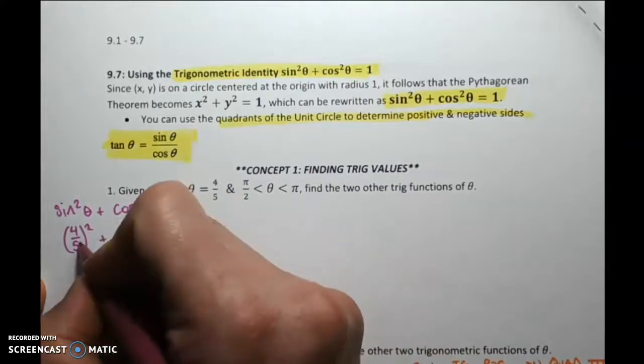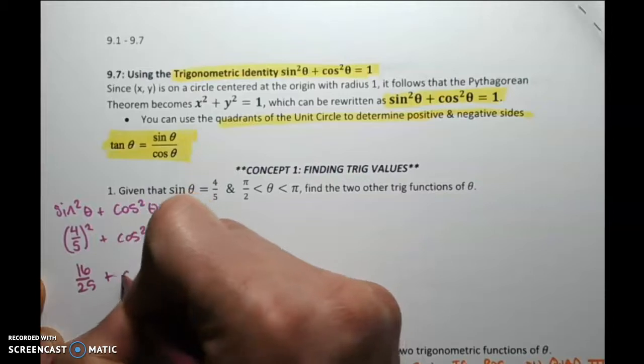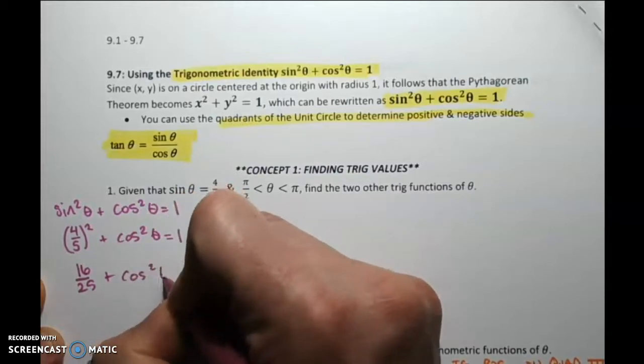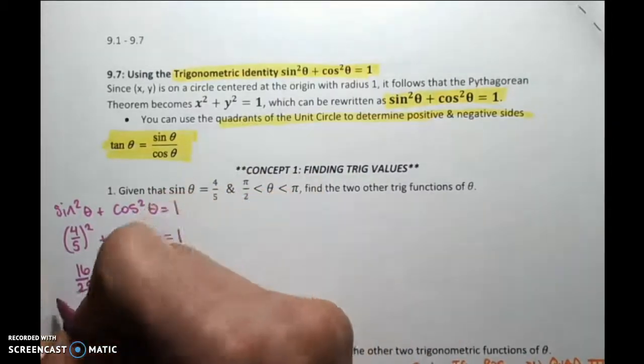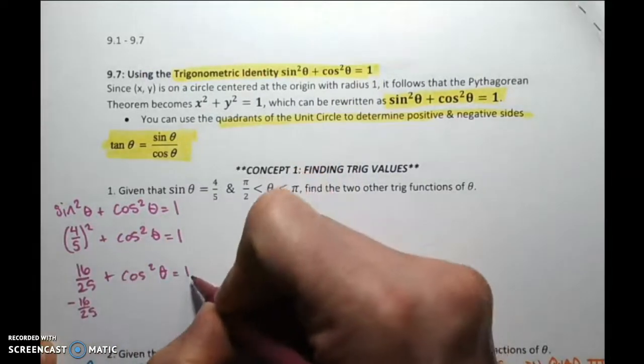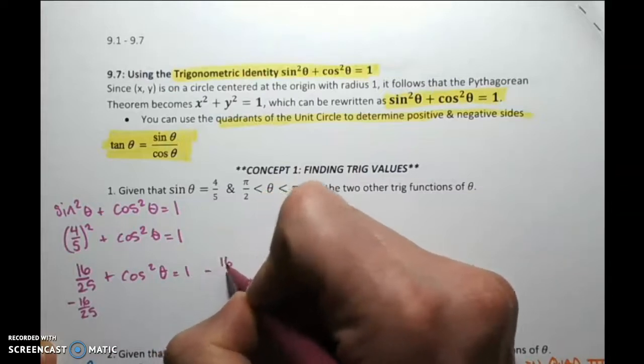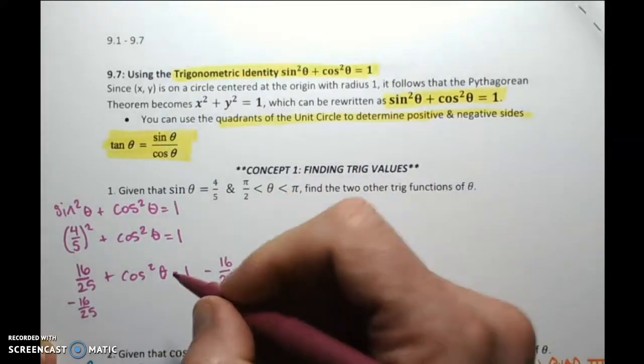So I square 4/5, that gives me 16/25, plus cosine squared theta equals 1. I'm going to subtract 16/25 from both sides, right here to save a little space.